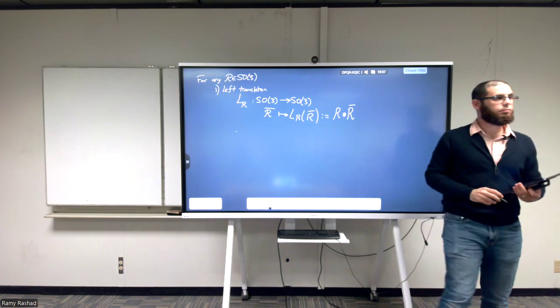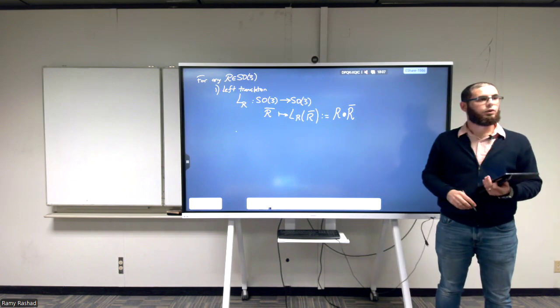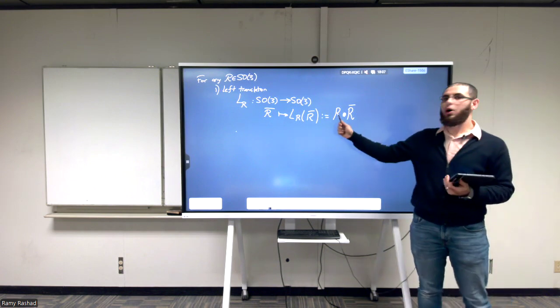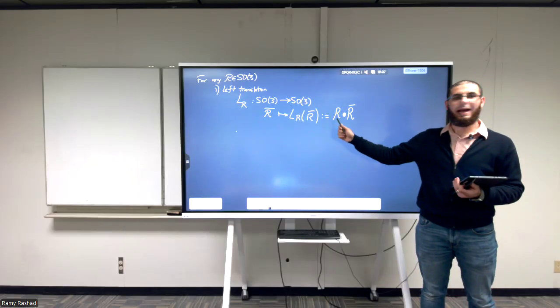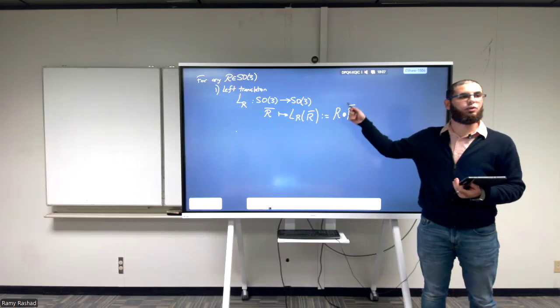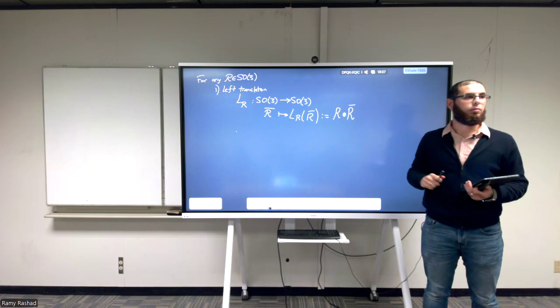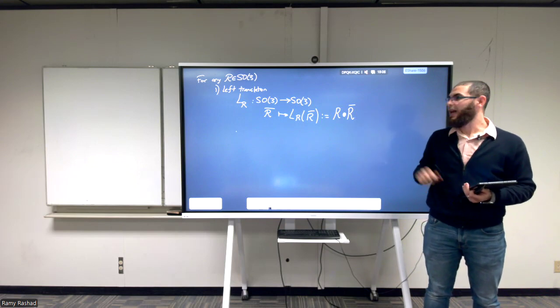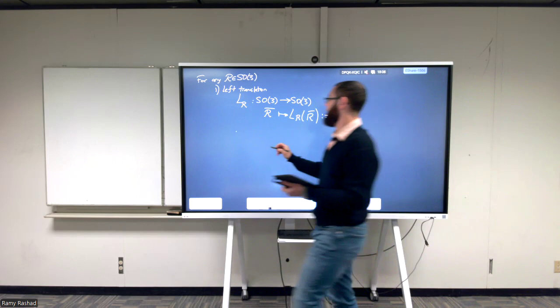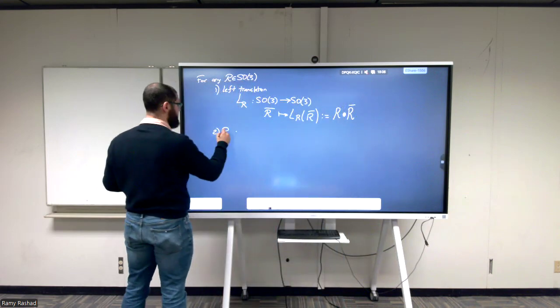It will take R and apply the group operation between this R and the R bar. Okay. And I can define it in another way. I can define the right translation.